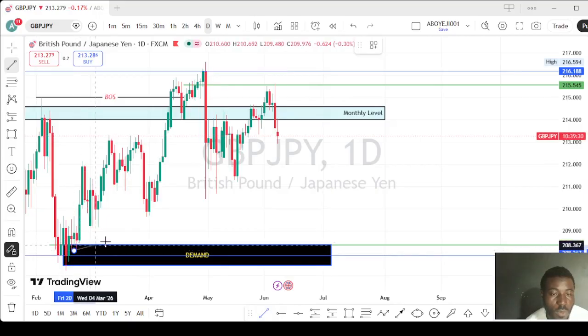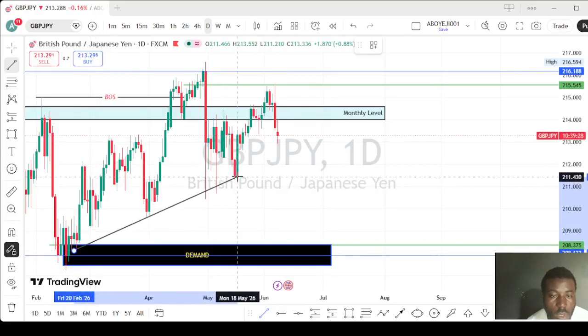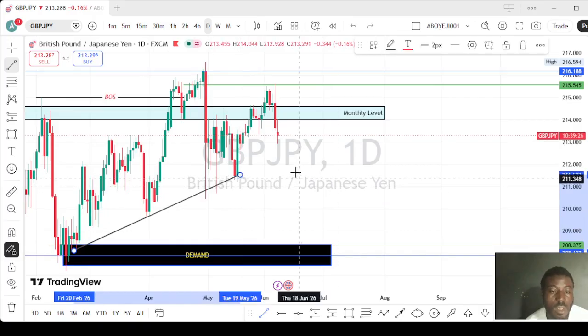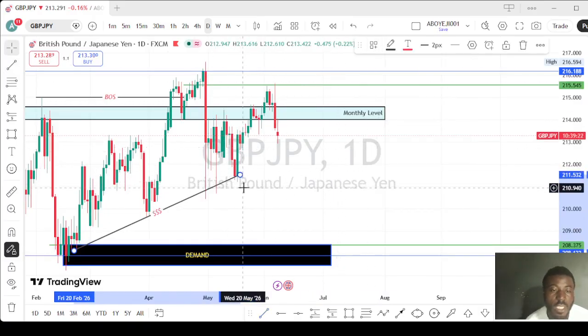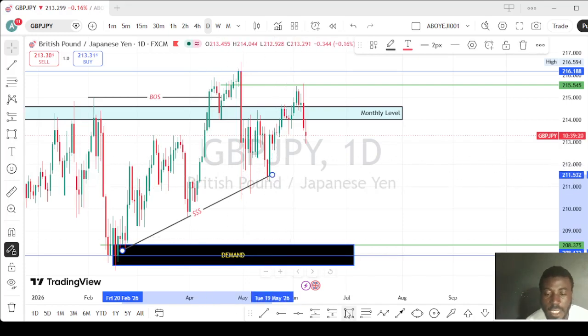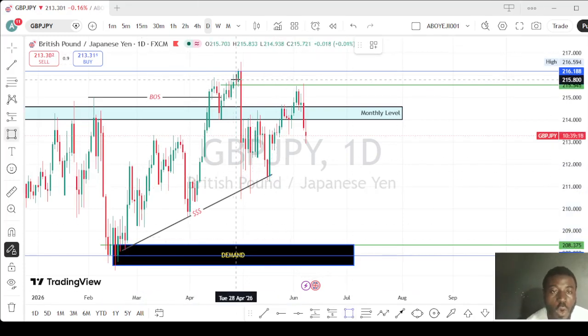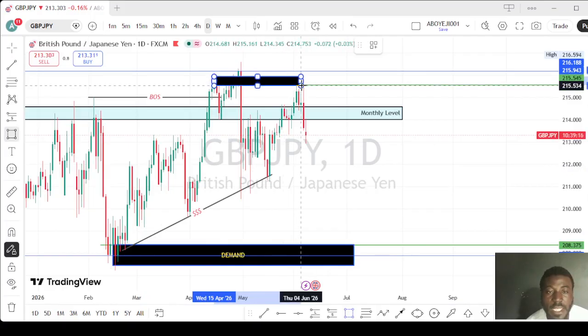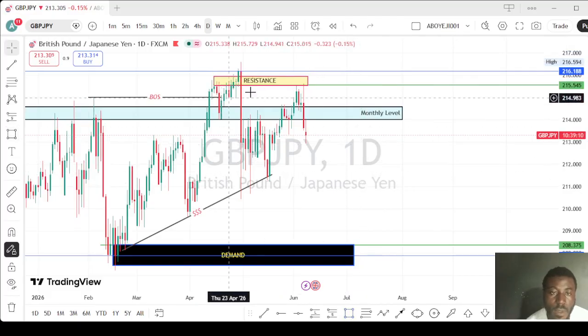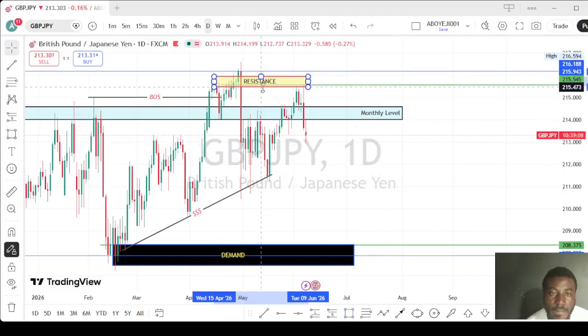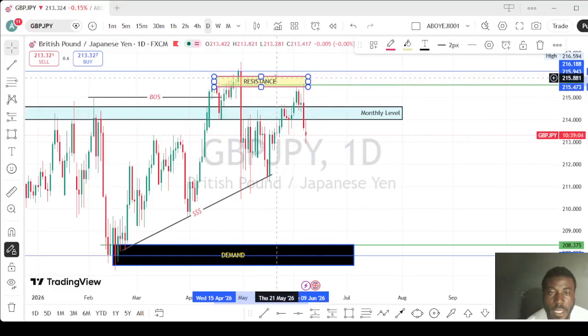The market needs to sweep before we can see a huge uptrend. You can see liquidity is down, and this is our resistance the market gave us on this daily time frame. This is what the market gave us on the daily time frame.